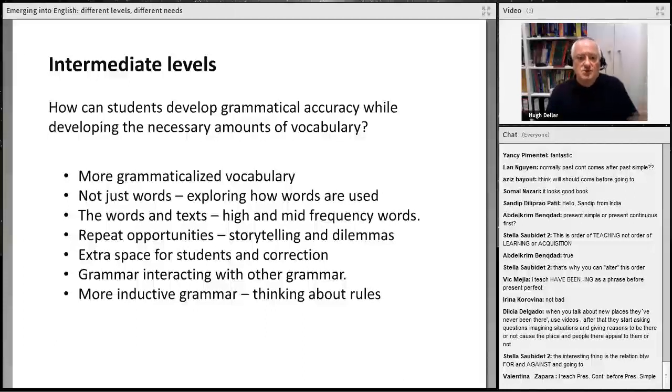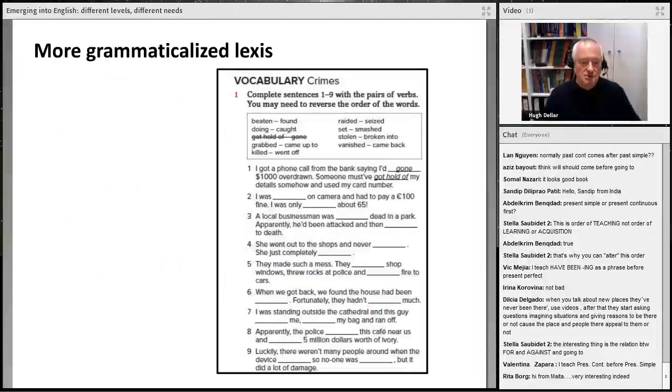We need repeated opportunities for students to do certain things. So lots of telling stories about different kinds of experiences, lots of problem solving, lots of dilemmas that encourages the students to recycle things like narrative tenses, conditionals. We need some extra space for students to express their ideas and to be corrected.